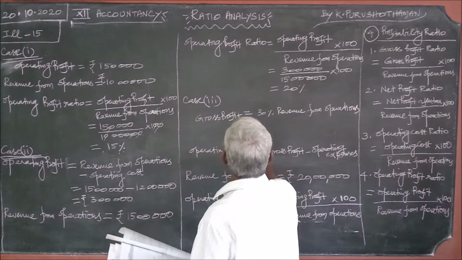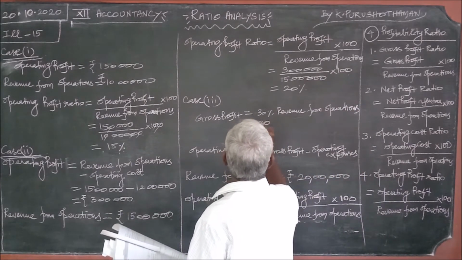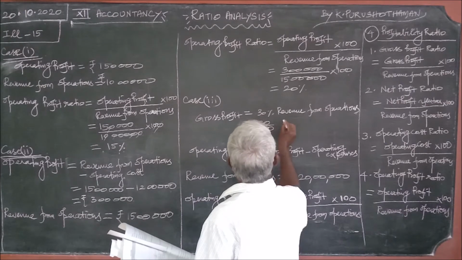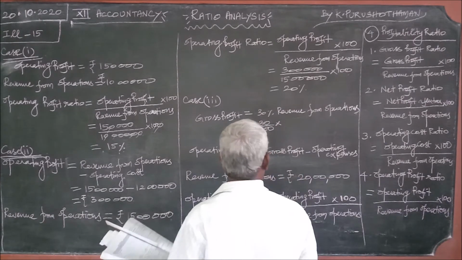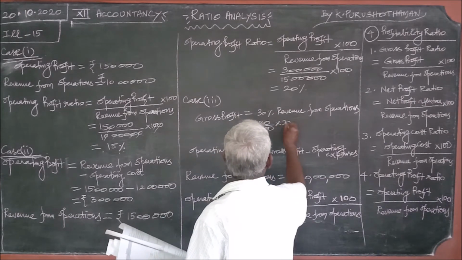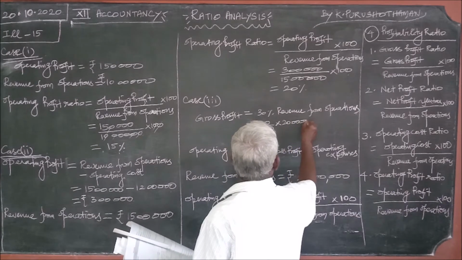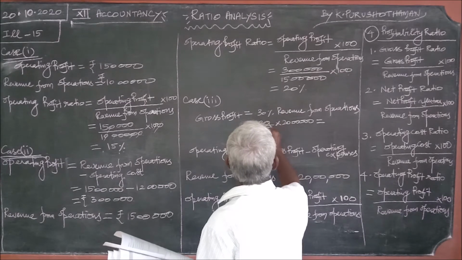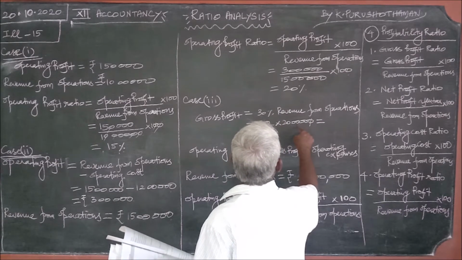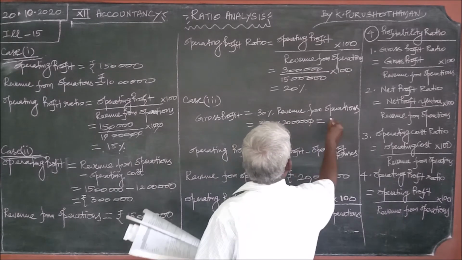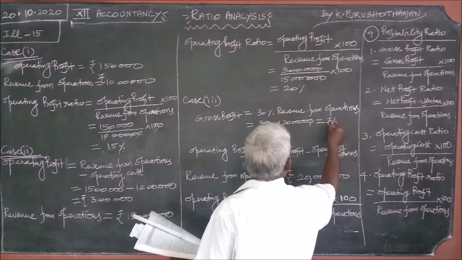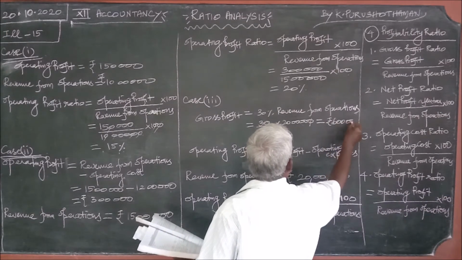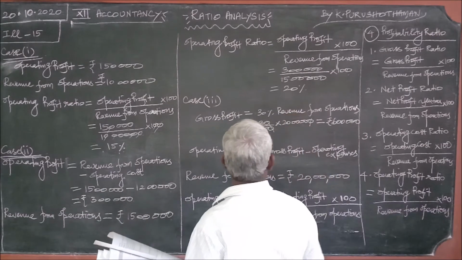What is 30%? 30 by 100 into revenue from operations 20 lakhs, which is equal to, 10 into 2 lakhs, 3 into 2 lakhs, 6 lakhs. This is the gross profit.